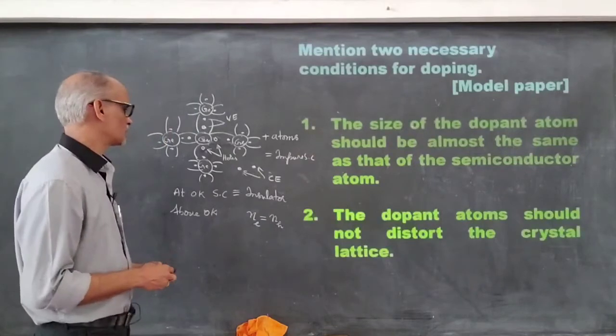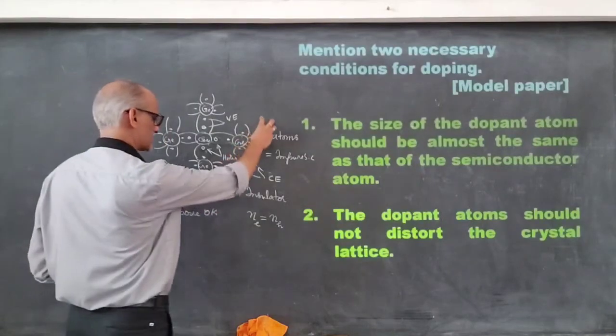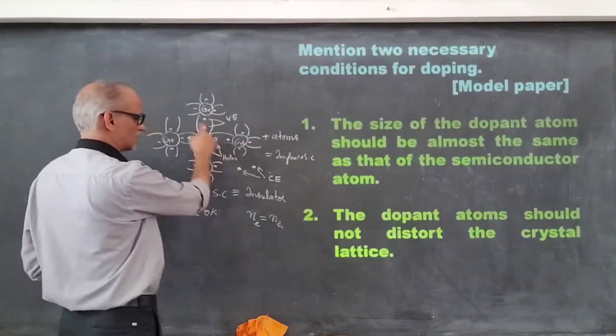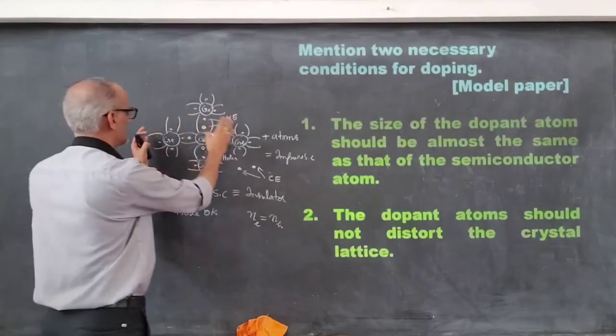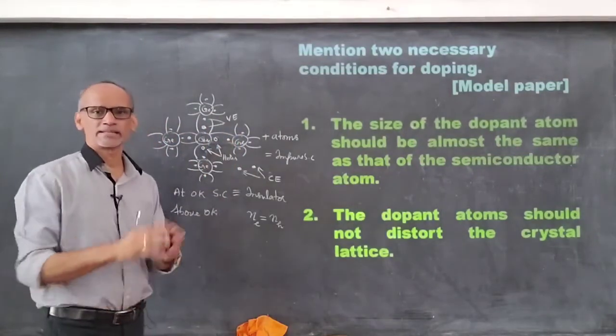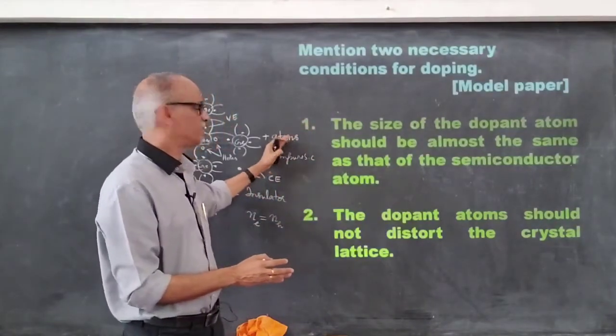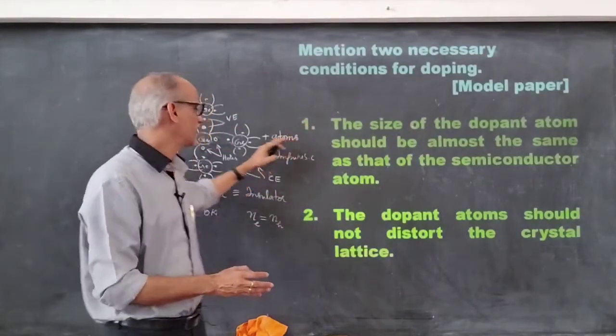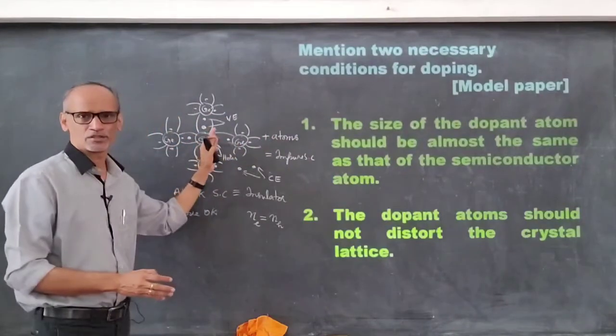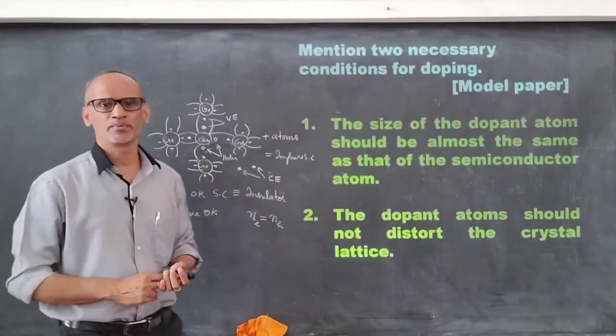And condition number two: the dopant atoms that we add should not distort the crystal lattice structure. This semiconductor has a lattice structure, and by adding the impurity atoms, there shouldn't be any change in the lattice structure. So this is the second most important condition.